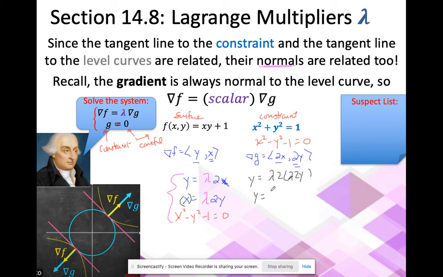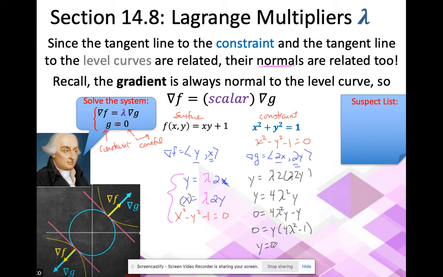So y is equal to what? 4 lambda squared y. Get y by itself. This is usually the case we don't consider.